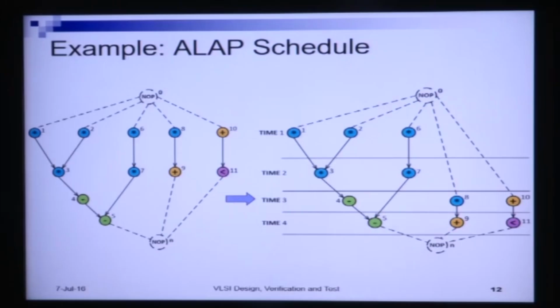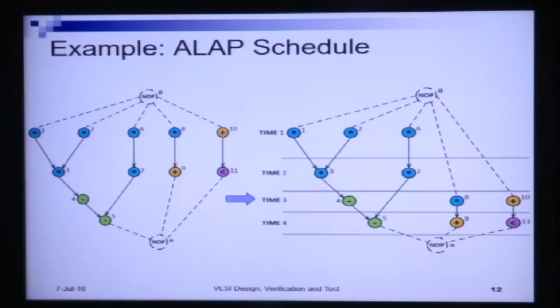On the left hand side, again the unscheduled operation constraints graph has been shown. On the right side we obtain the ALAP schedule. As we said, the ASAP schedule starts from the source towards the sink, while the ALAP schedule progresses from the sink towards the source. So the NOP has been scheduled, the start of the NOP operation is at time step 5. All operations on which NOP depends can be scheduled in the previous time step, time step 4.